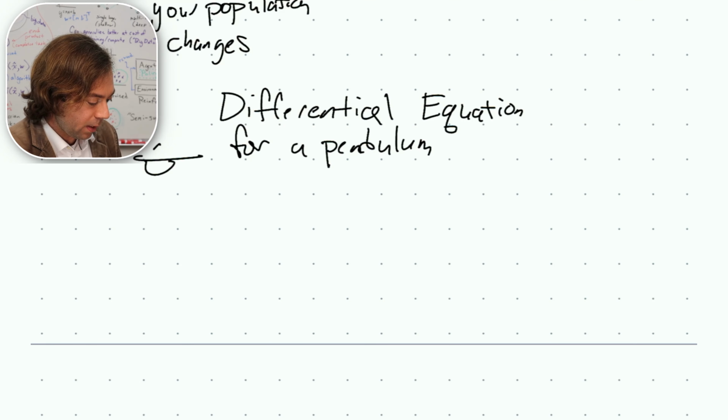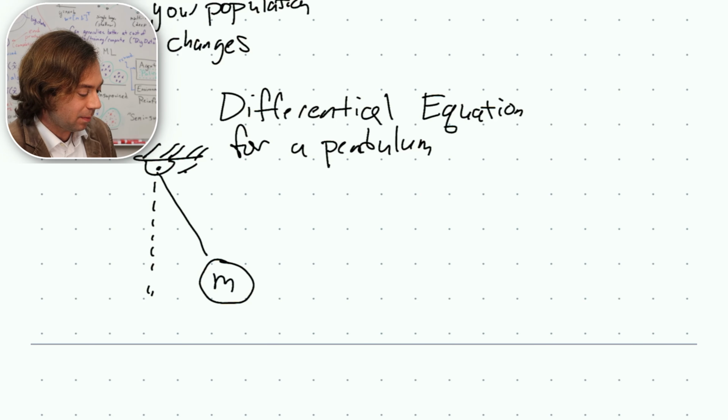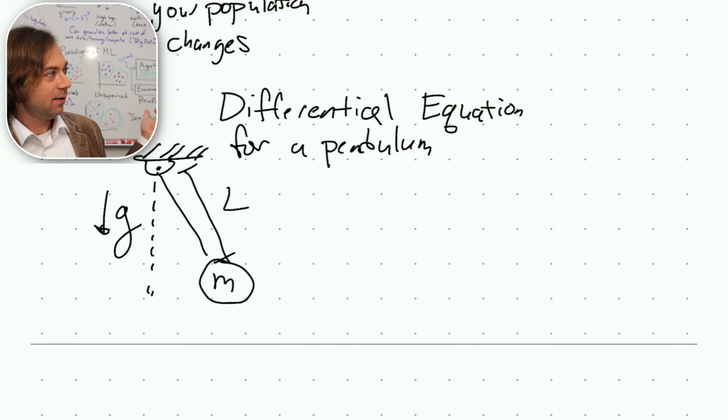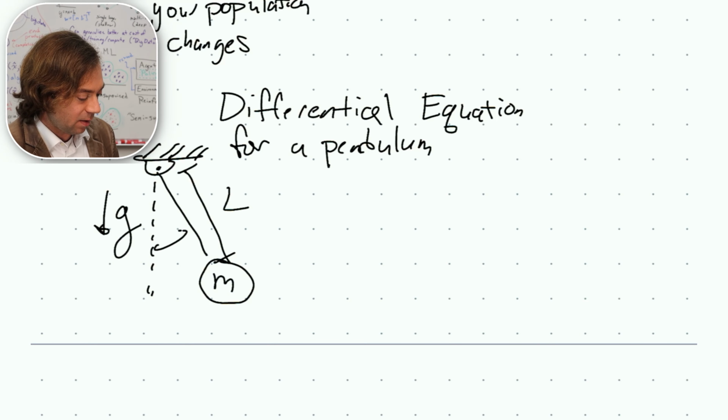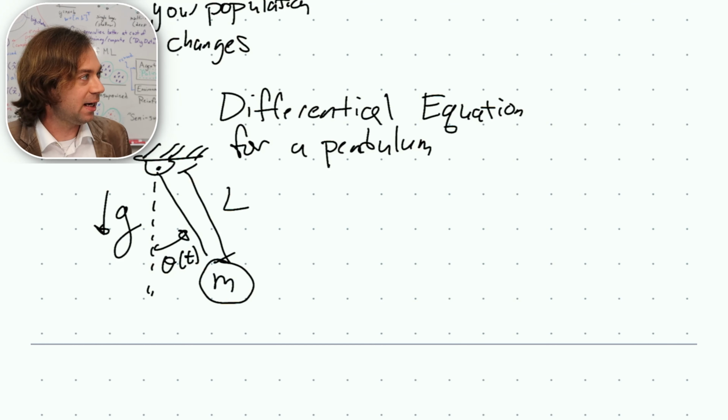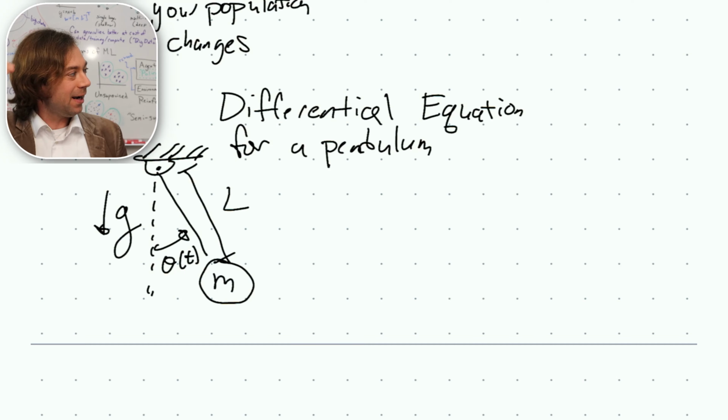I'm going to draw a pendulum. There you go. Not my best work. You've got a little mass at the end. You've got some length L for your pendulum. You're under gravity, and this is some angle theta of t that can change over time. That's how you have your dynamical system. It changes over time.